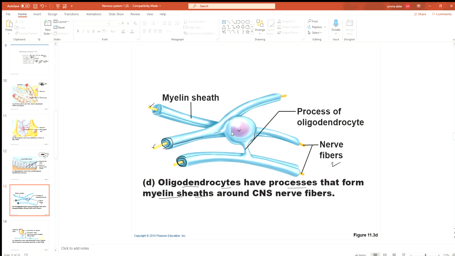It's a white, lipid-rich structure around the nerve fibers in the central nervous system, remember that. So oligodendrocytes form insulation around the central nervous system neurons or nerves.